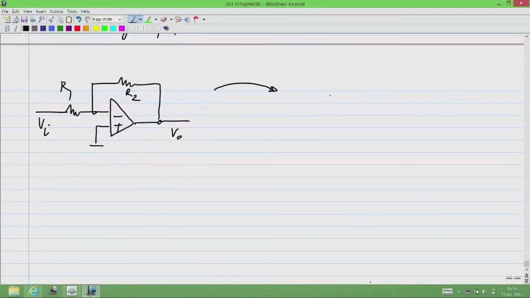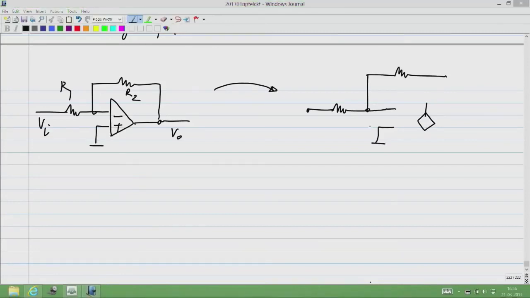So if you replace this op amp with a voltage controlled voltage source, okay, because plus is on the bottom and minus is on the top, Vx, and this will be A naught times Vx with this polarity.